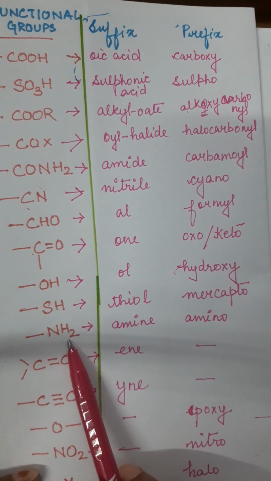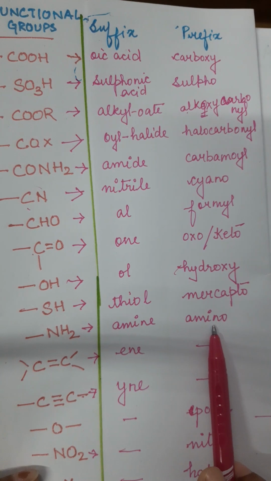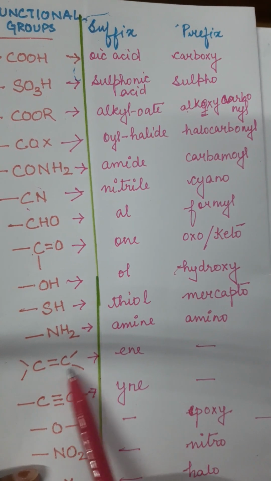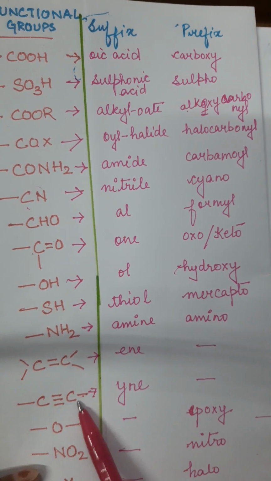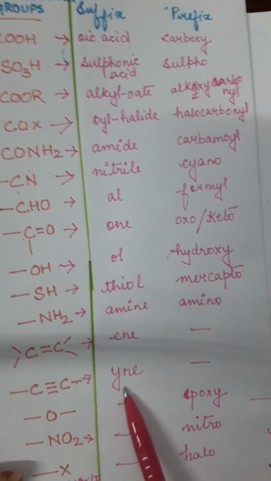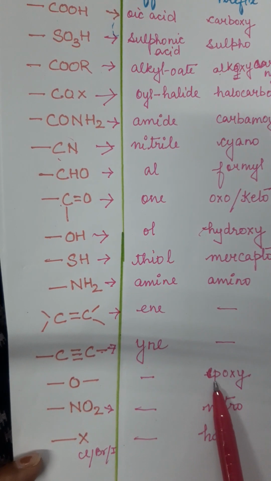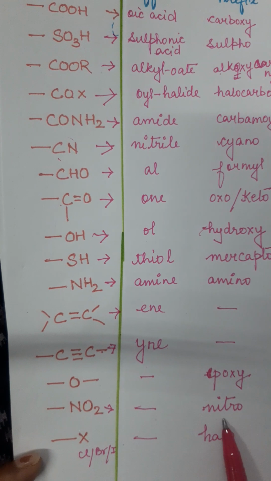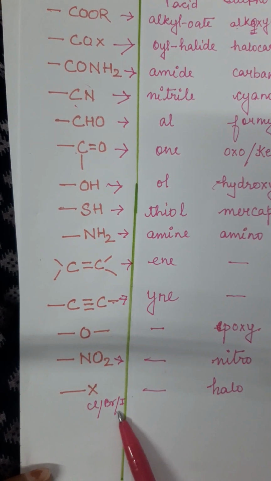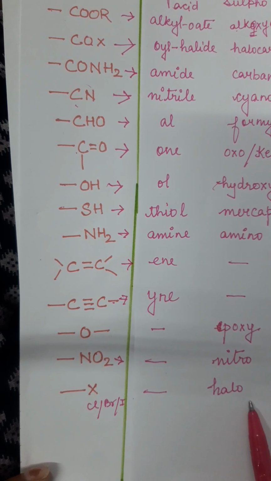Then NH2 is named as amine as a suffix and amino as a prefix. Then alkene is ene as a suffix and there is no prefix to it. Then alkyne is named as yne and there are no prefixes to it. Then ether has no suffix but it is named as epoxy as a prefix. Then NO2 is named as nitro as a prefix and X, that is halogens, are represented as halo, that is chloro, bromo or iodo as a prefix.